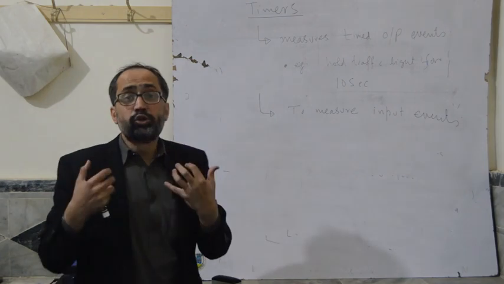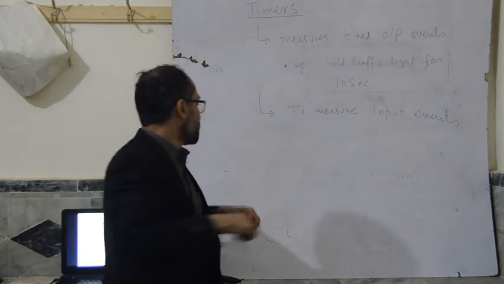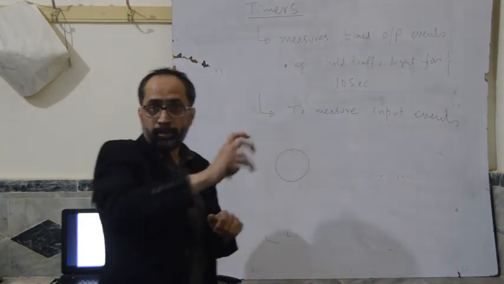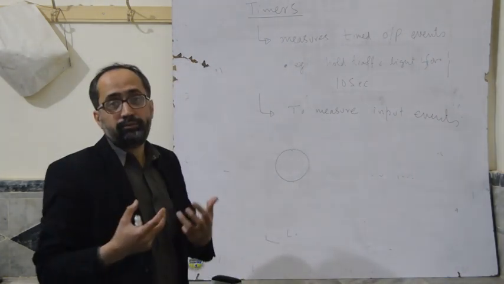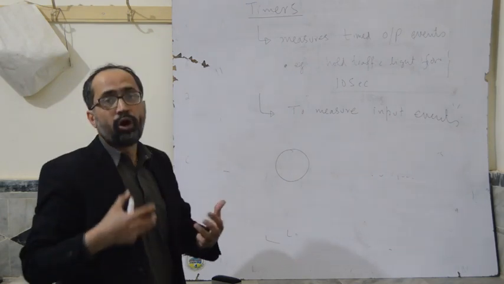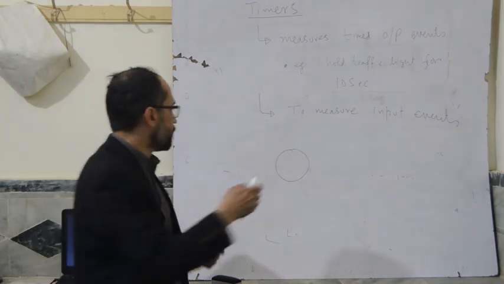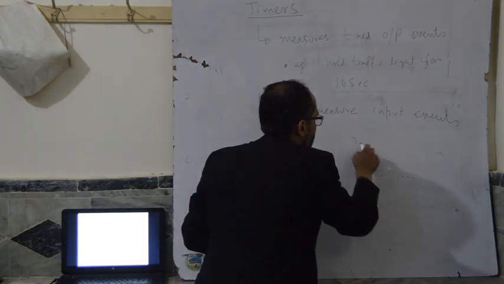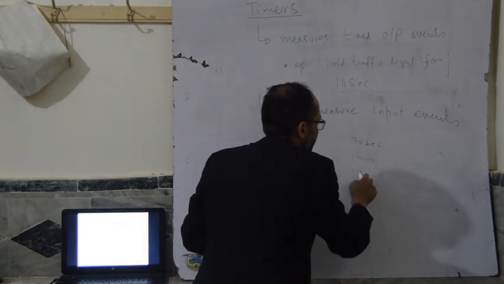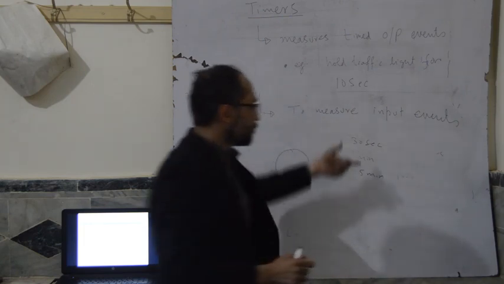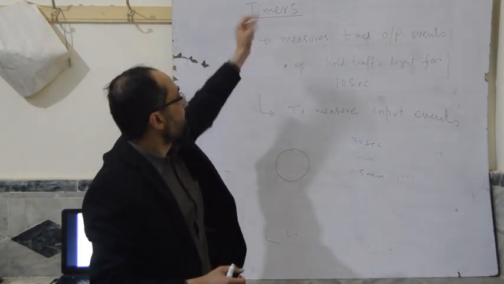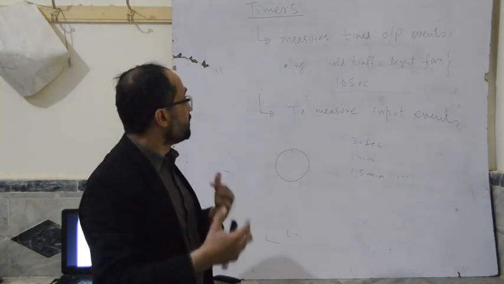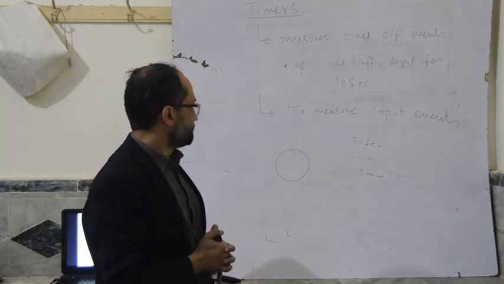Similarly, timers are also used in microwave ovens. In a microwave oven, you have knobs, and you can cook or warm up food for a specific time duration, like 1 minute, 30 seconds, or 1.5 minutes, and so on. So for these purposes timers are used to measure different output events.